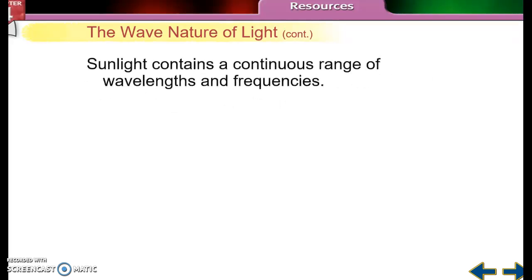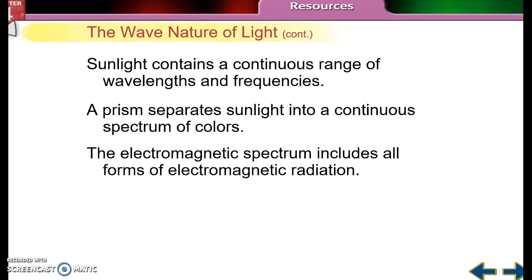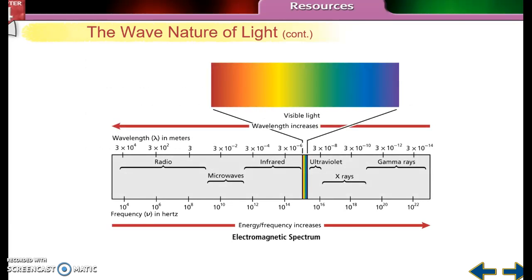Alright. So the thing to remember is that sunlight contains a continuous range of wavelengths and frequencies, and we can use a prism to separate sunlight into a continuous spectrum of colors. This is because our eyes can only see a little bitty bit of the electromagnetic spectrum, and it includes all forms of electromagnetic radiation.